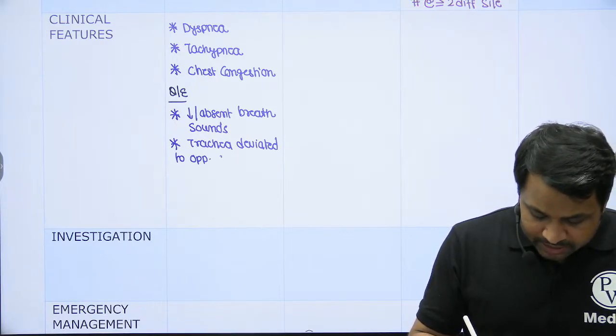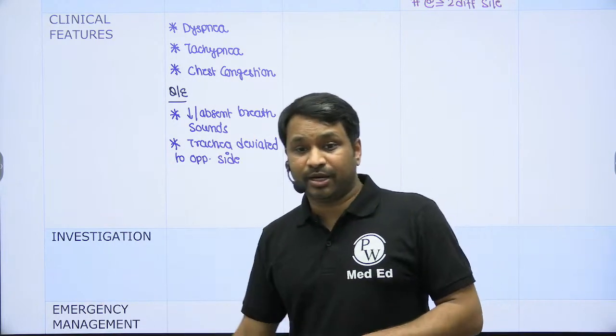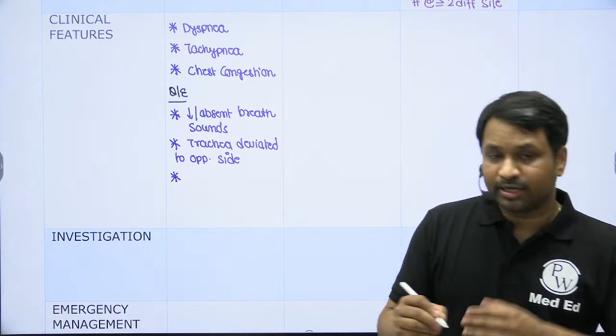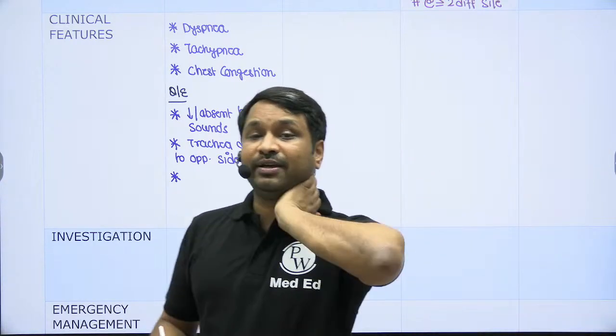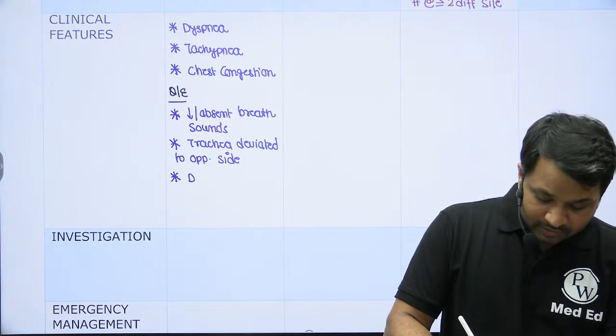So whichever side there is reduced air entry or absent breath sounds, the trachea will be deviated to the opposite side. Now as all that air accumulates, it exerts pressure onto the head and neck veins also. They won't allow it to drain, so there will be distended neck veins as well.